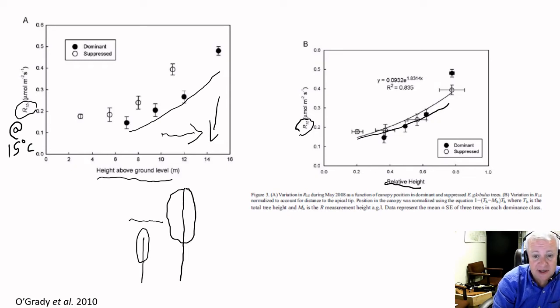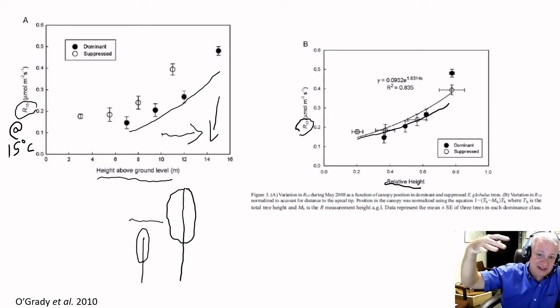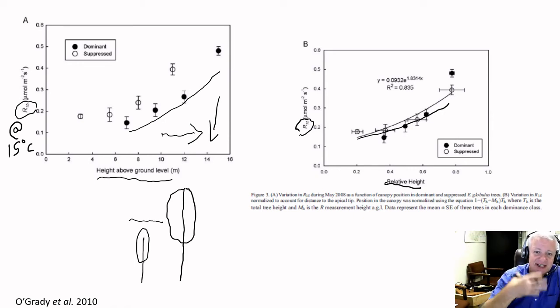This is similar to the data that I showed you for Pacific silver fir, where I talked about allocation of new foliage growth in that dense stand, where those suppressed trees can only allocate resources as tall as they are tall. So this is another manifestation of that difference.